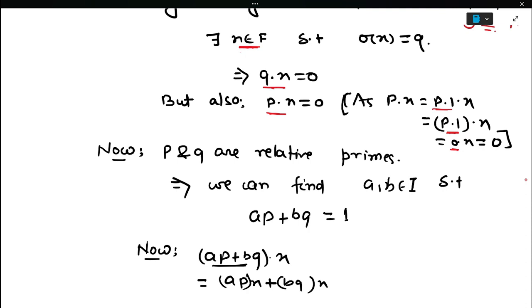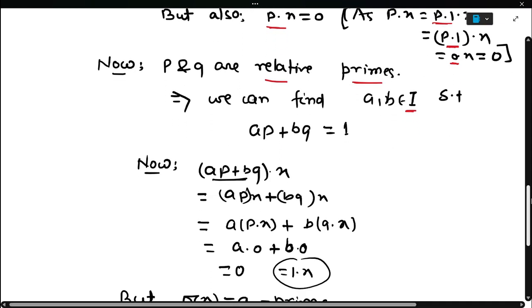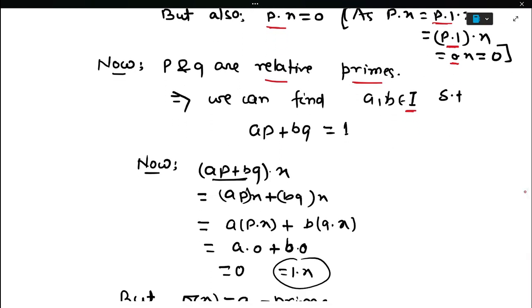Now p and q are relatively prime, so we can find integers a and b such that ap plus bq equals 1. Now (ap plus bq) dot x, by distribution, is ap dot x plus bq dot x, which we can write as a dot p dot x plus b dot q dot x.